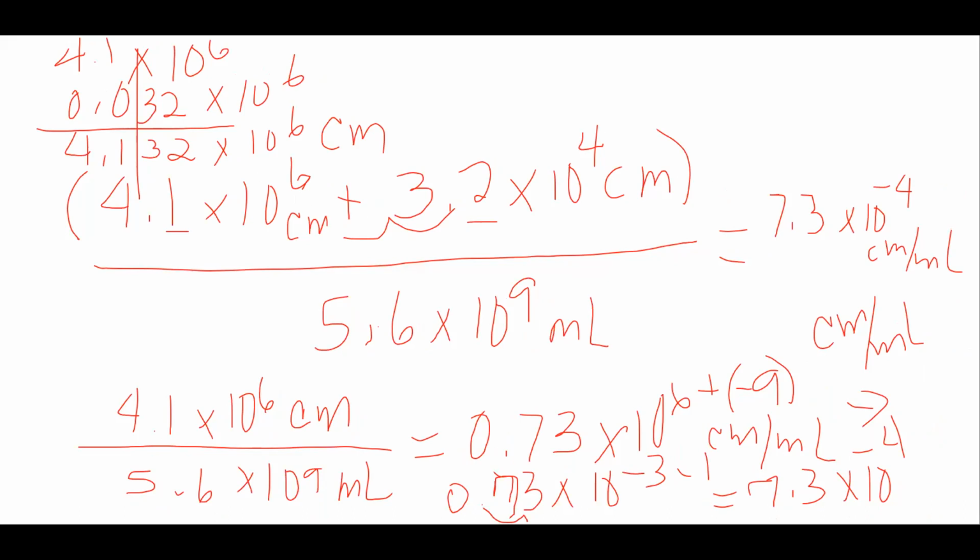Now, if you were to do this in a calculator, you could, but it is not going to give you the sig figs, and it's not going to give you anything else. In order to do it on the calculator, the type of calculator that I suggest you get is a TI 30X2S, which is the easiest one to operate. 4.1, and then second EE, and then 6 plus, the next one is going to be 3.2, right?